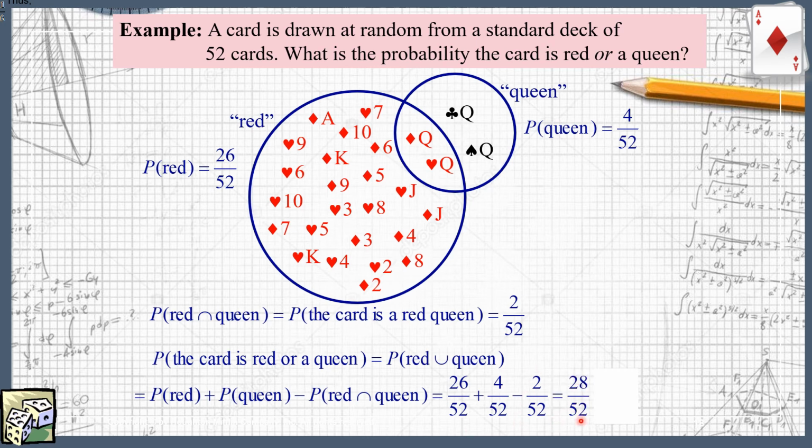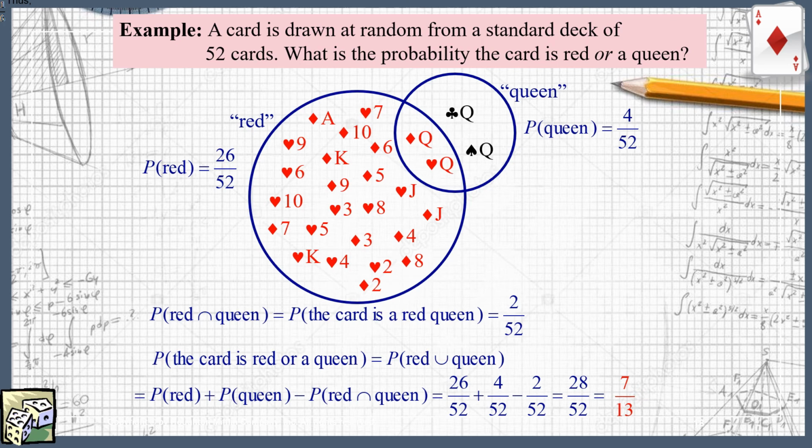That is equal to 28 over 52. Pero kailangan nating i-lowest term. They are both divisible by 4. So, 28 divided by 4 is 7 and 52 divided by 4 is 13. So, yung probability na makakakuha ka ng red or a queen card is 7 over 13 in a standard deck of cards.